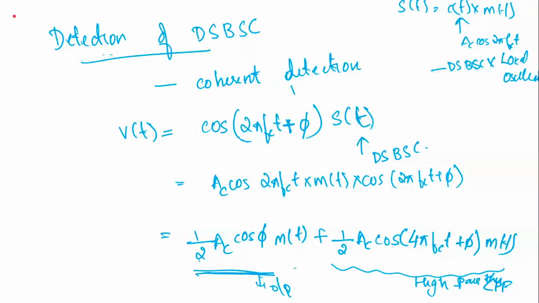If I keep this φ minimum or constant, you get the maximum output for the message signal m(t). So the demodulated output v(t) will be equal to half Ac cos φ into the message signal m(t).